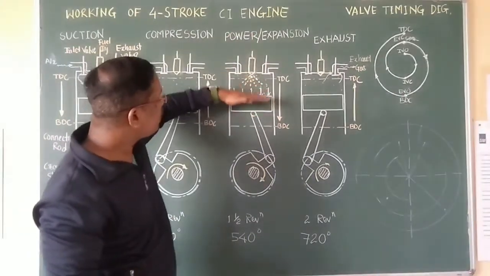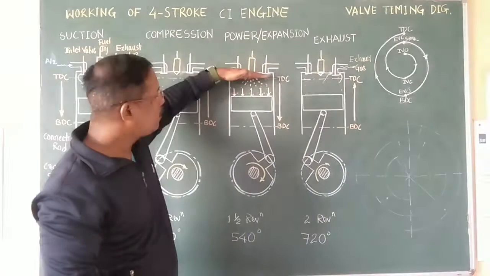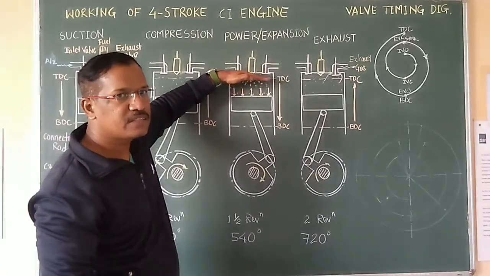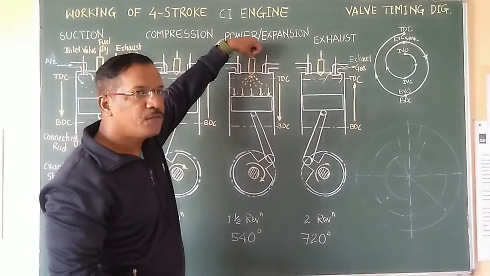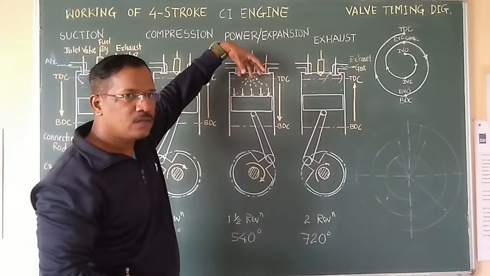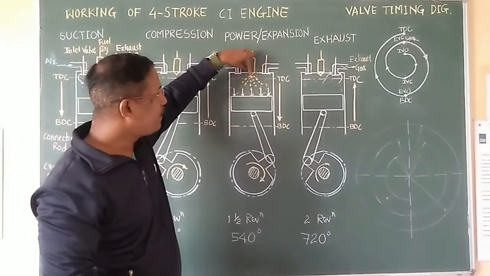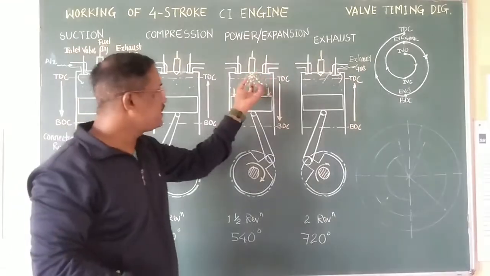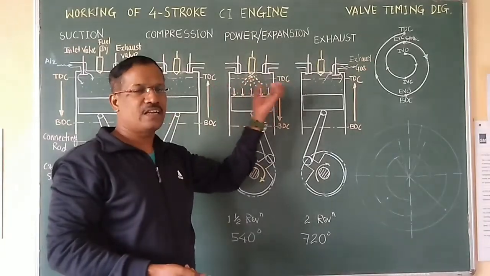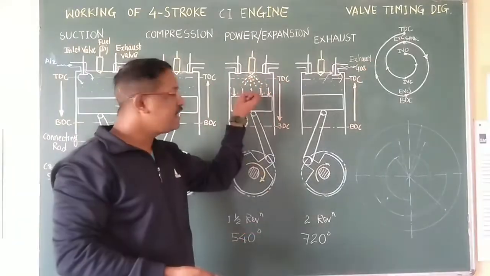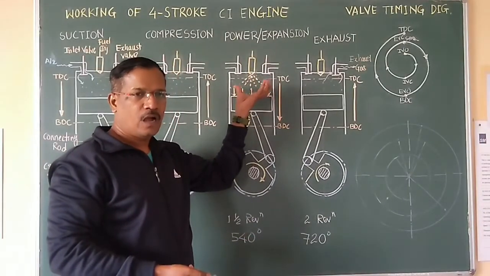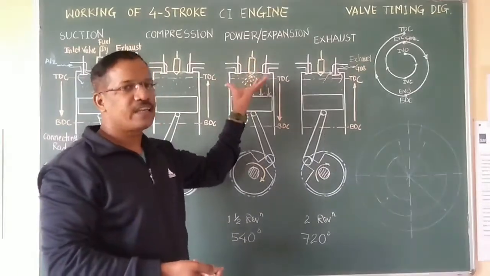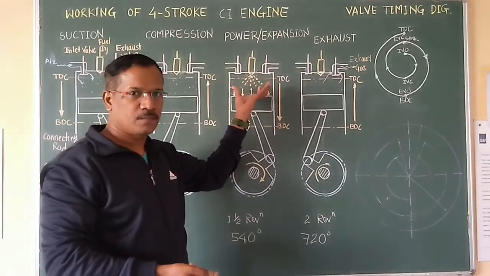So at the end of the compression stroke, the entrapped air is compressed to very high pressure and high temperature. At that time fuel is injected. This injected fuel, coming out from the injector nozzle in the form of an atomized spray, gets mixed with the compressed air, gains its heat, reaches the self-ignition temperature and auto ignites, burning spontaneously.